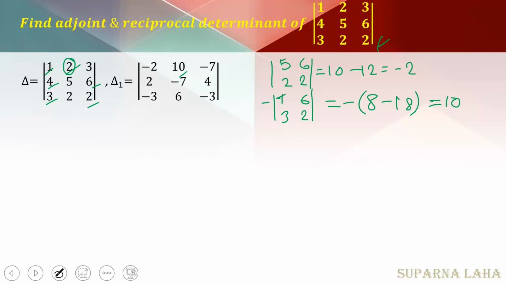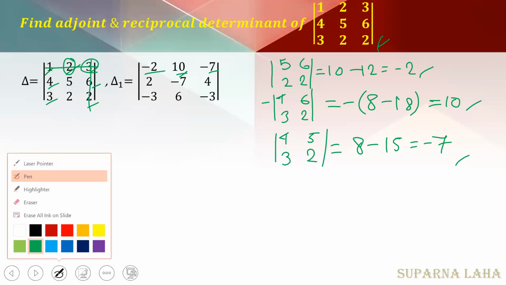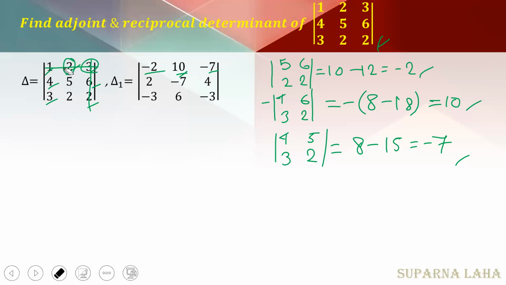Next, the cofactor of this 3 has a plus sign, and this will be 4 5 3 2. Leave this row and this column, and you will find this value. So 4 2s are 8 minus 15, that means it will be minus 7. So minus 2, 10, minus 7. Like that you can easily find the other rows also.